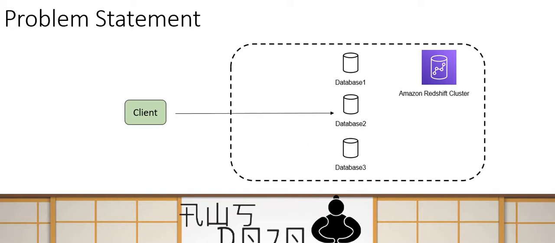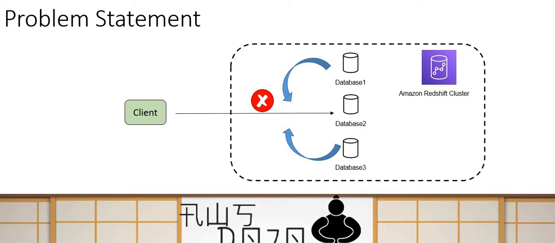But suppose you have a requirement that you are connected to database 2 and you want to query data from database 1 and database 3 as well. You're connected to 2, but you want to query 1 and 3 as well. That was not possible. So having a cross database query in Redshift was not possible.